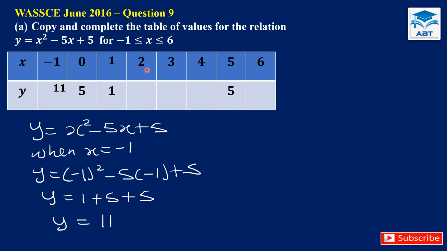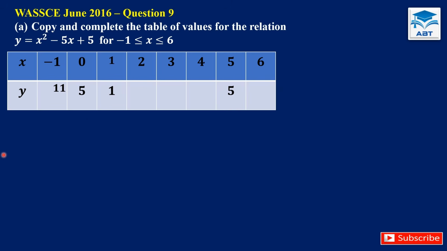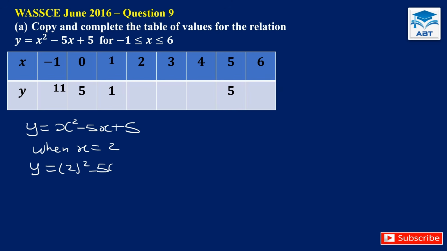And again, when x is 2, we don't know the y value. So we write the relation y is equal to x squared minus 5x plus 5. And when x is equal to 2, we have y is equal to, we replace x with 2, 2 squared minus 5 times 2 plus 5.